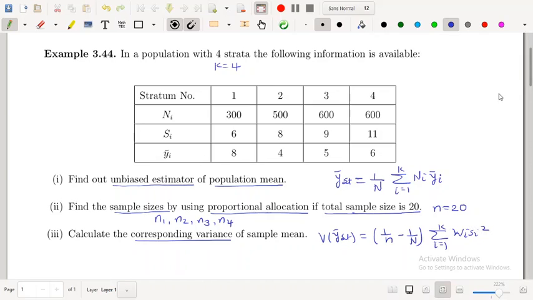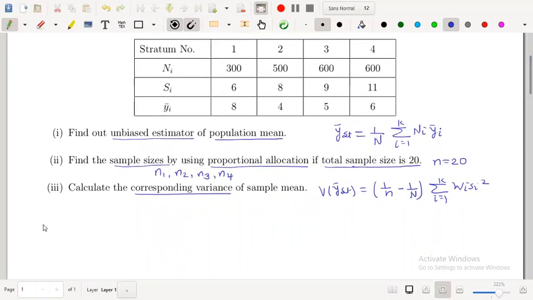So the solution for this example. First one, we want to find the unbiased estimator of population mean.